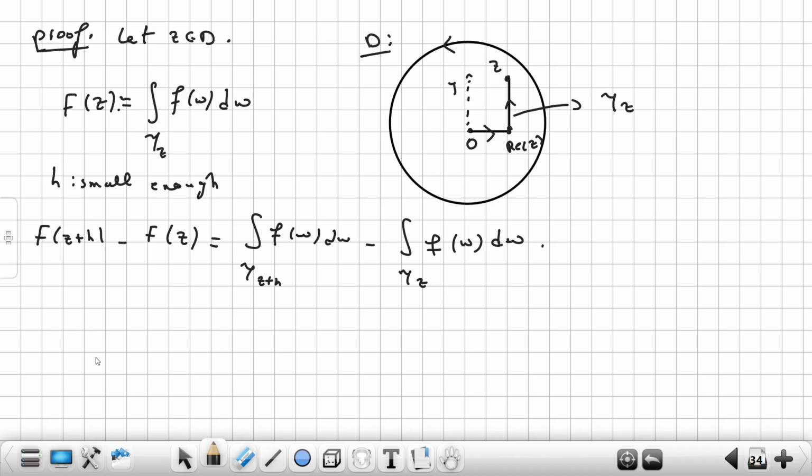So we'll start with the first case, figure A. Suppose this is 0, this is z plus h, and this is the curve gamma z plus h, and this is z, and this is gamma z.